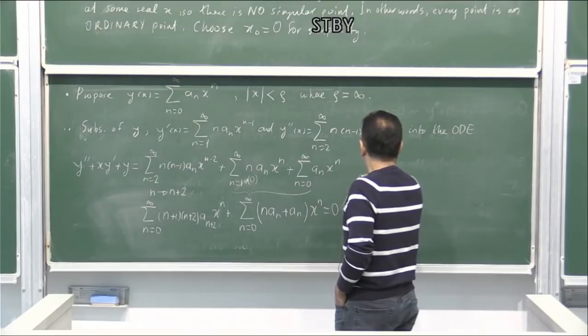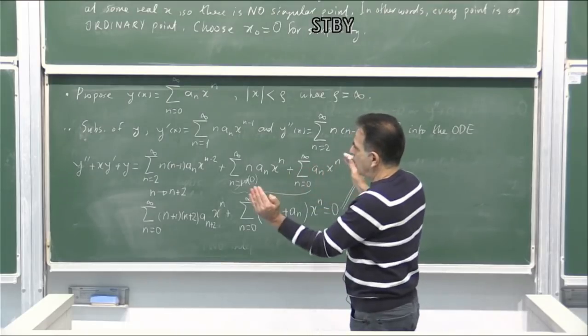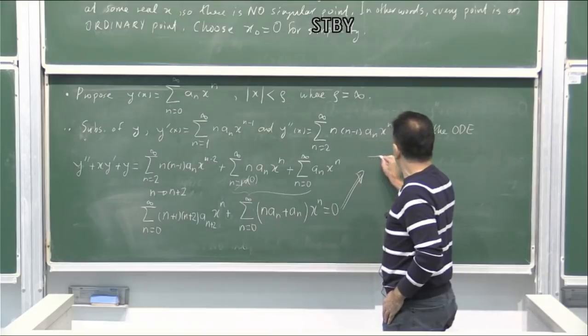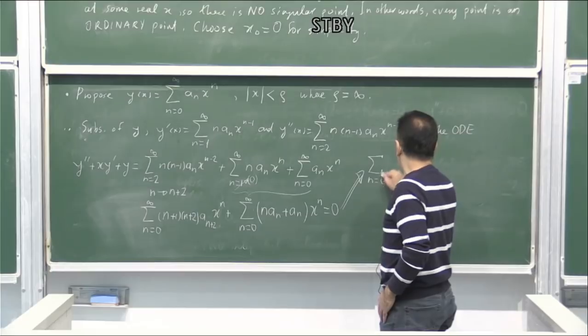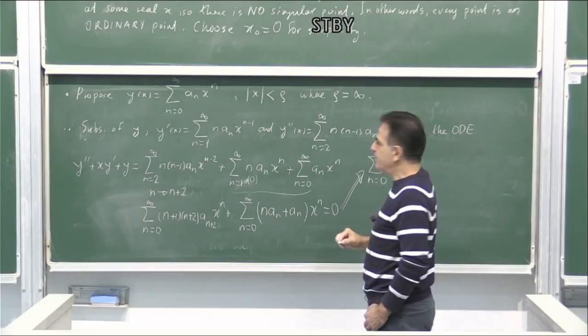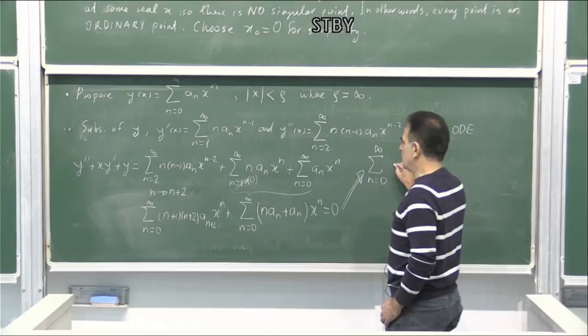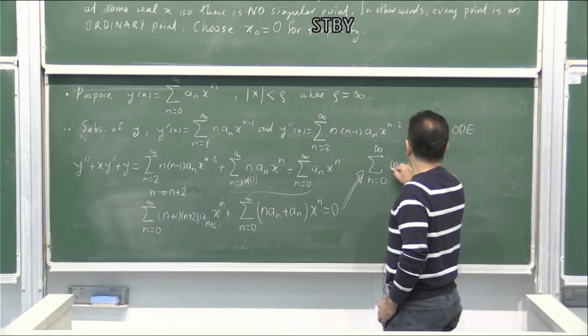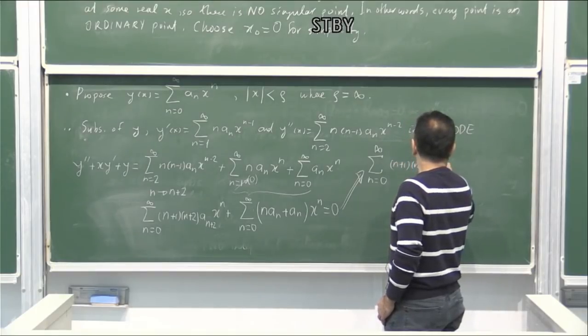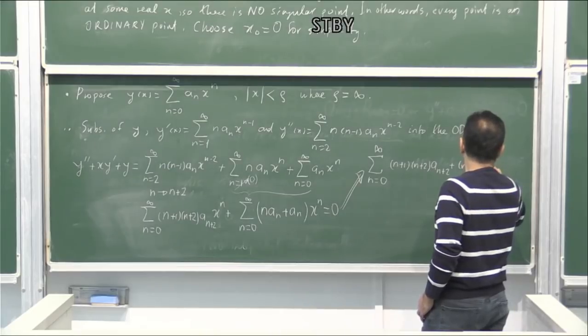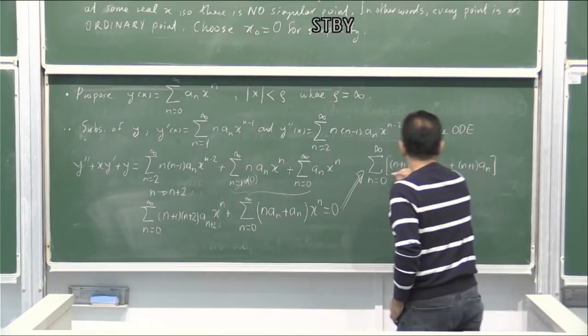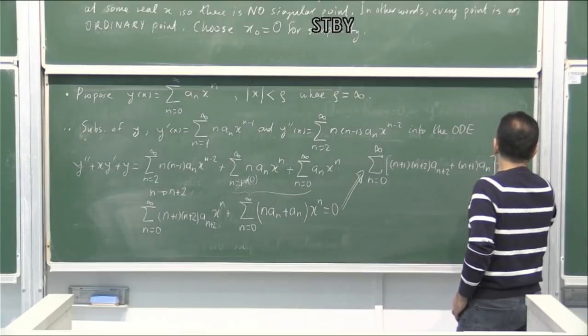So we can now express everything as a single series starting from 0 up to infinity, n plus 1 times n plus 2 a n plus 2 plus n plus 1 a n, x to the power n, which should be 0 for all x.